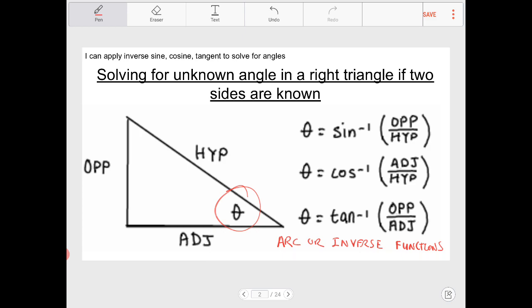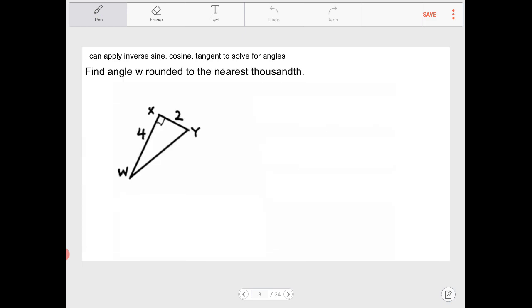Let's take a look. In this problem, you're asked to find what angle W is, which is this angle over here. How are we going to do that? We are given two sides now: the side opposite of angle W and the side adjacent to angle W. Which one are we going to use? Let's make an educated guess.